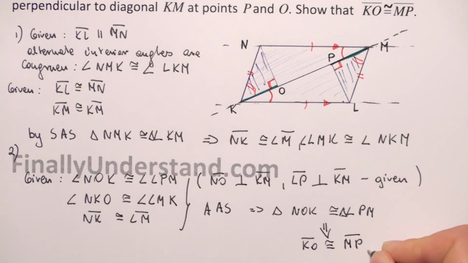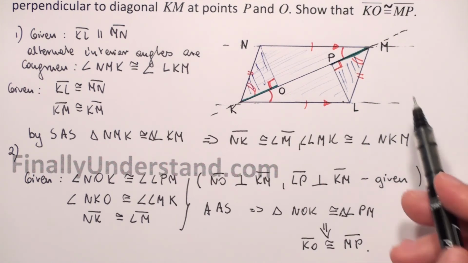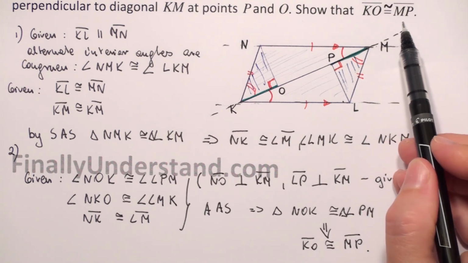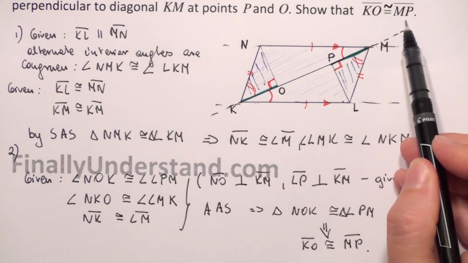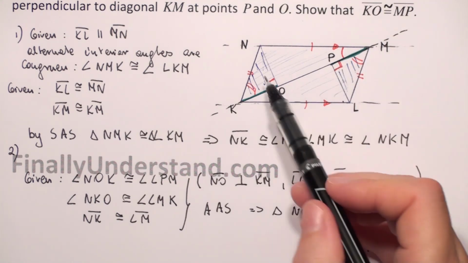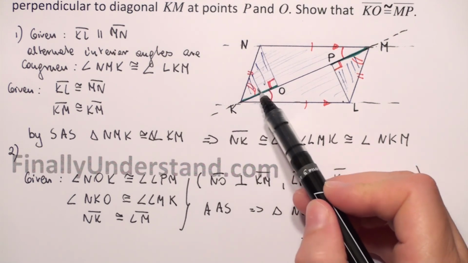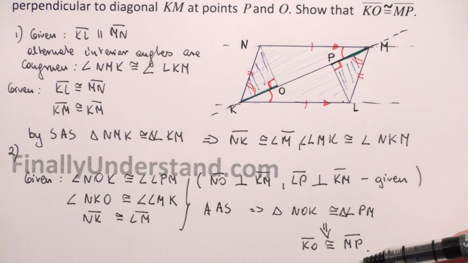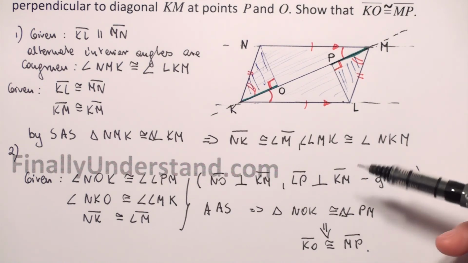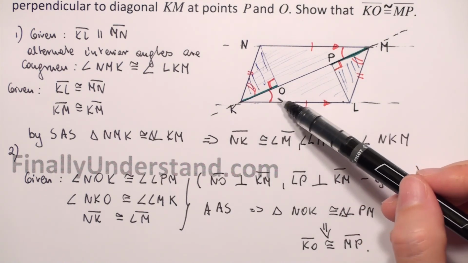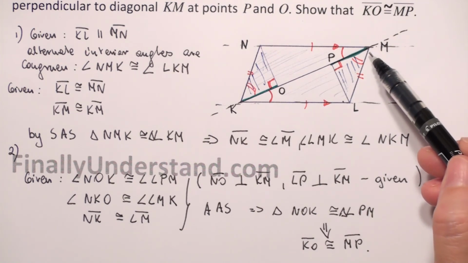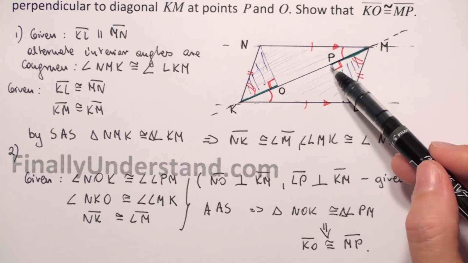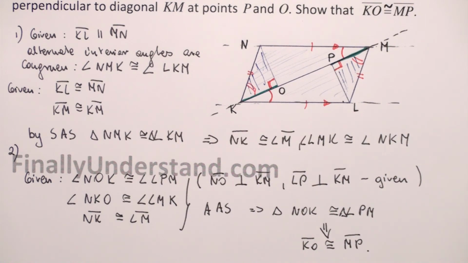This is what we have to show, that segment KO is congruent to segment MP, because this triangle is congruent to that triangle, so the sides are congruent. Side KO is congruent to side MP. This is my solution.